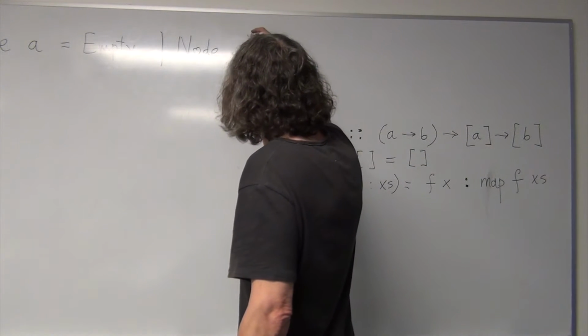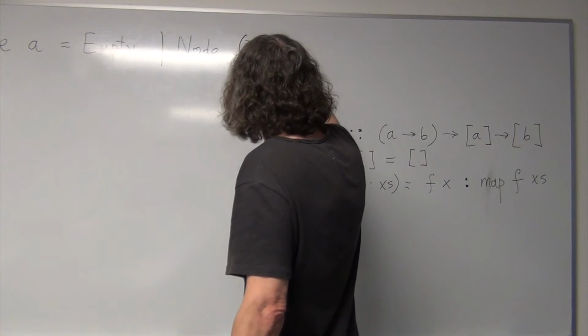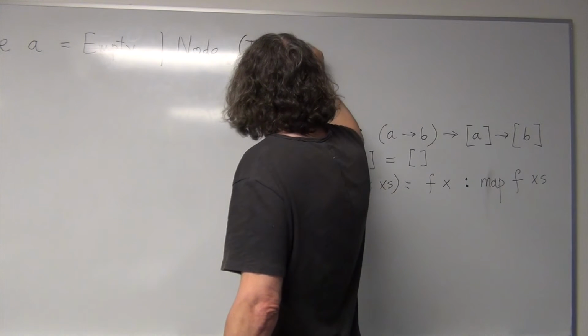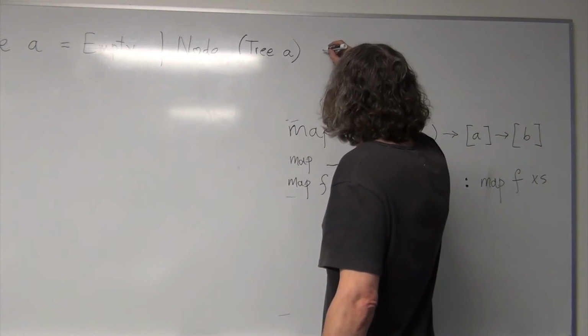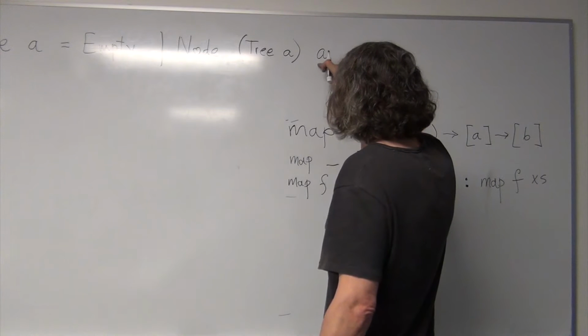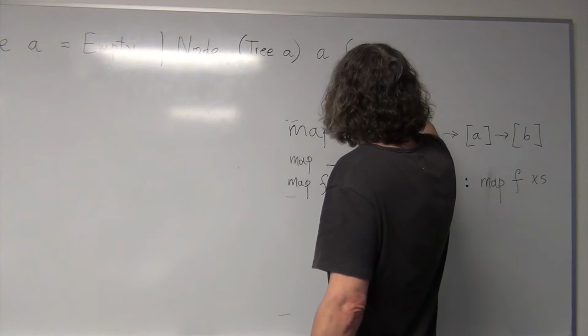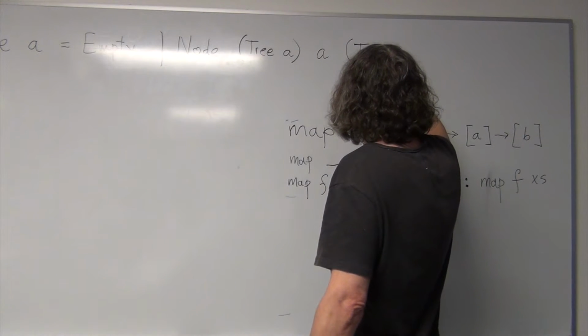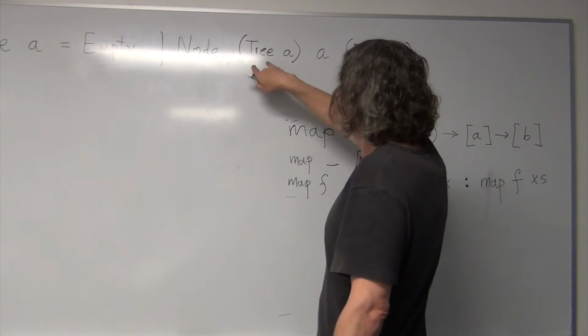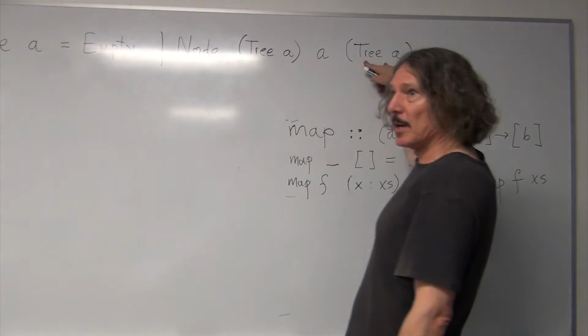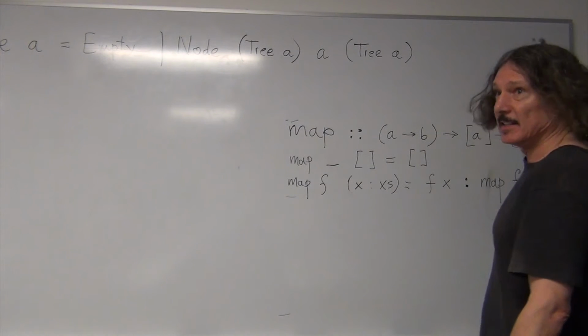So it's a Node, and it has a tree of A, and A, the value that we keep here, and a tree of A. So this is the left branch, this is the right branch. So it's a binary tree.